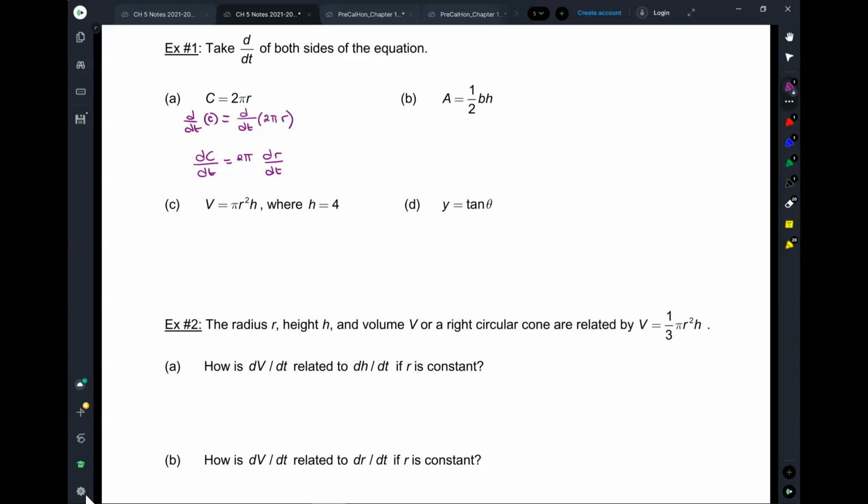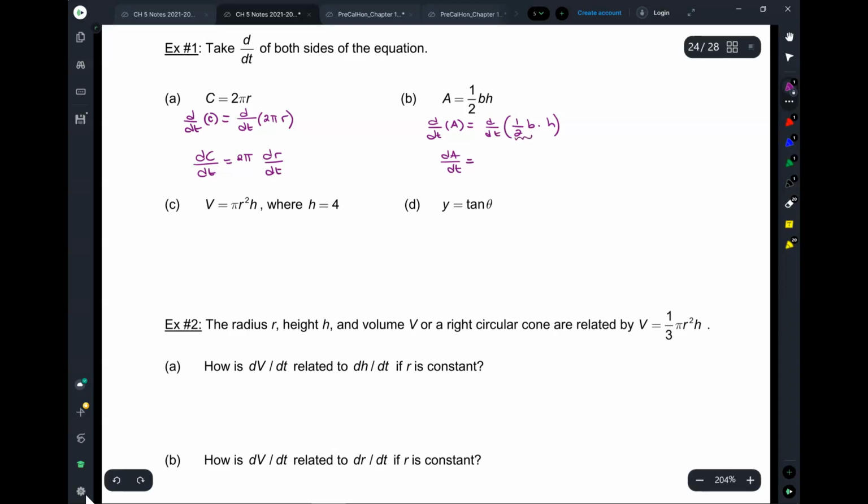Now, take a look at this next one. I want to do d/dt of A, which is d/dt of one half b h. So dA/dt is equal to the derivative of b times h, and both of these are different variables than t. So this becomes a product rule situation.